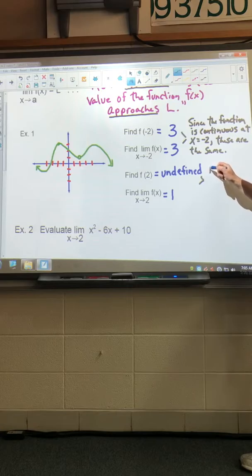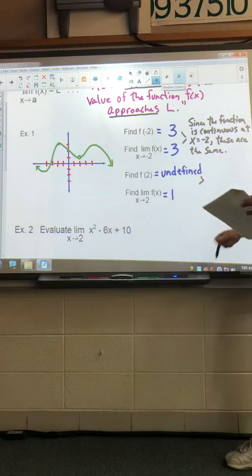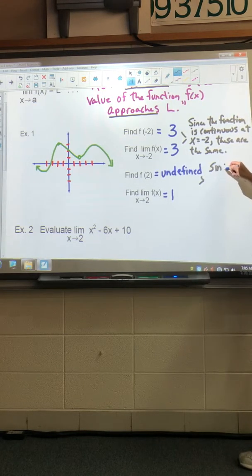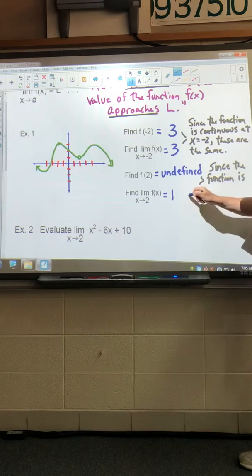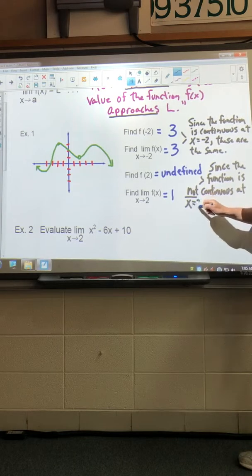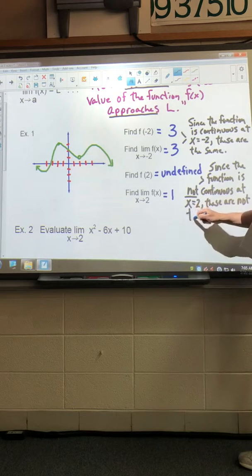So let's say, since the function is not continuous at x equals 2, these are not the same.